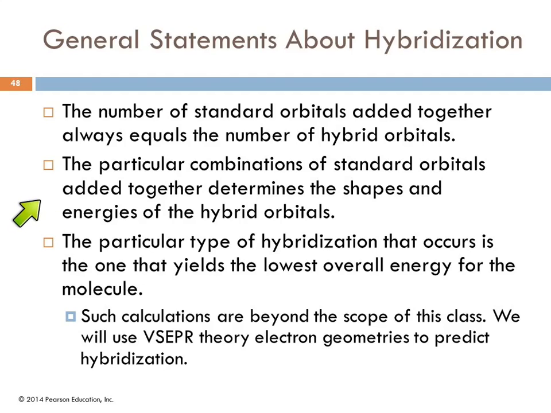So if you've got one s orbital and one p orbital, it's going to have a different orientation, a different shape, a different energy than if you mix one s orbital with 3 p orbitals. And that makes sense. And the type of hybridization that actually happens is the one that gives the lowest overall energy.